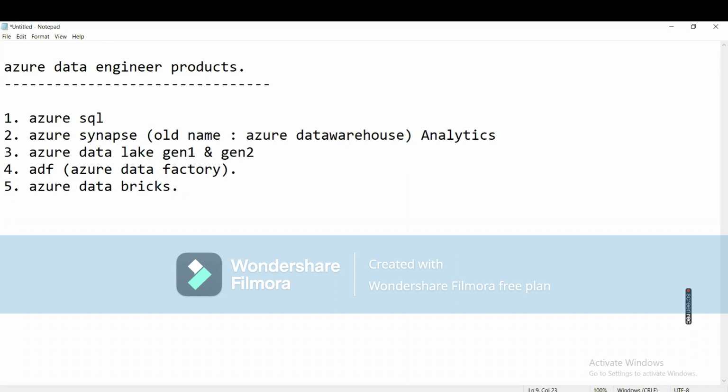What is Azure Databricks, simply? It is a Spark cluster, so you can say a Spark environment. Spark is an execution engine which can process data very fast. Databricks is a provisioning cluster for Spark.